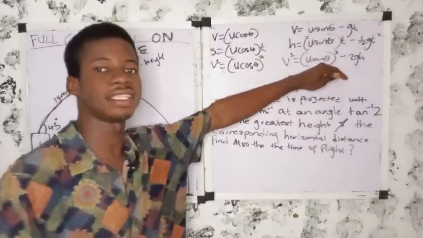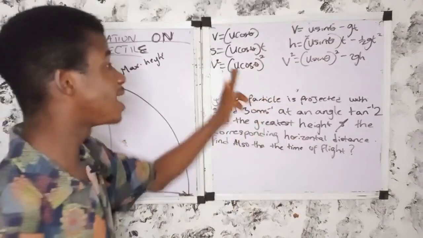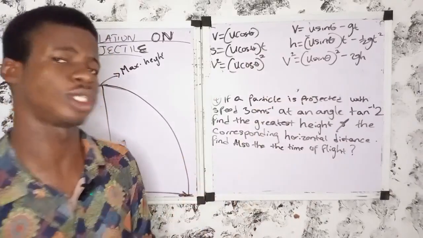These are the equations under vertical motion and horizontal motion in projectile.